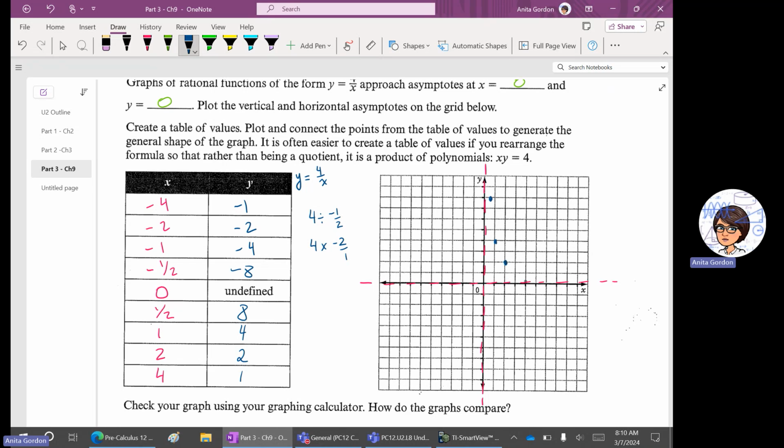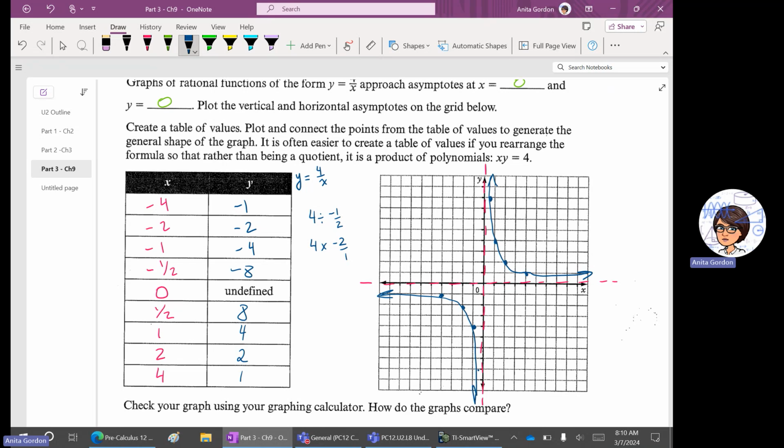And at 4, I'm at 1. So here is the right side of my graph. I'm going to do the same thing with my left. 1, 2, 3, 4, 5, 6, 7, 8. 2, 4, 2, 2, and 1.